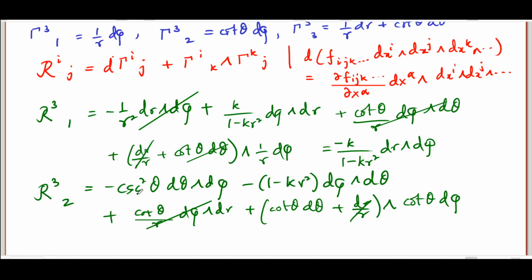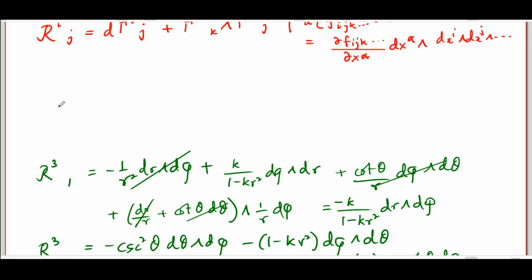And that of course gives you minus 1 times d theta wedge d phi. This one on the other hand is plus 1 minus kr square d theta wedge d phi. So this is minus kr square d theta wedge d phi.